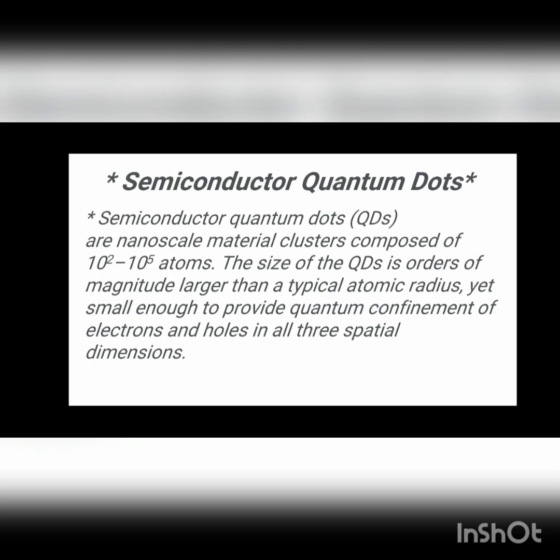The size of the quantum dots is orders of magnitude larger than a typical atomic radius, yet small enough to provide quantum confinement of electrons and holes in all three spatial dimensions.